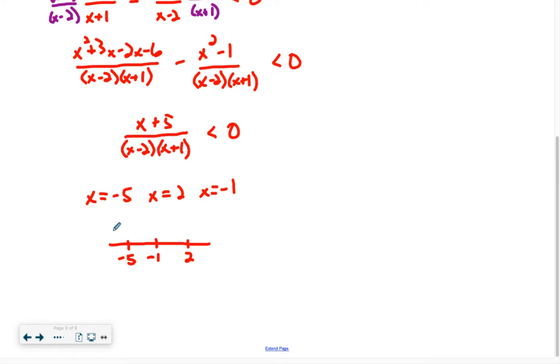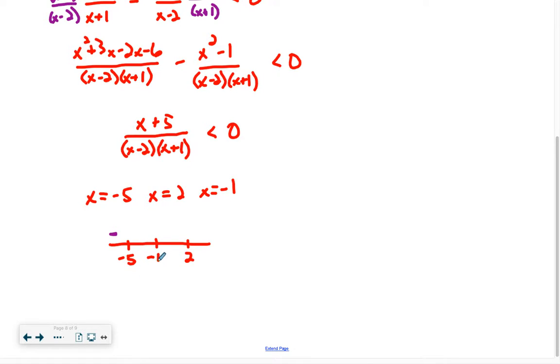So if I choose a value less than negative 5, say negative 6, and plug in to each of my factors, negative 6 plus 5 would be negative 1. And so it's negative. Negative 6 minus 2 would be negative, and negative 6 plus 1 would be negative. So a negative divided by a negative times a negative, 3 negative signs would result in a negative value.